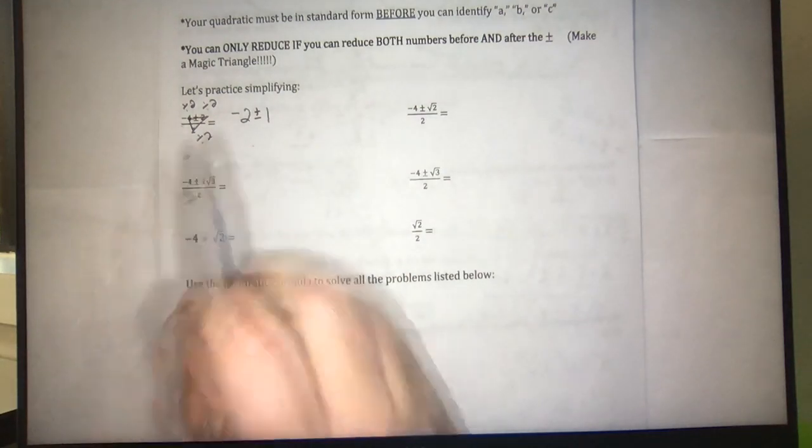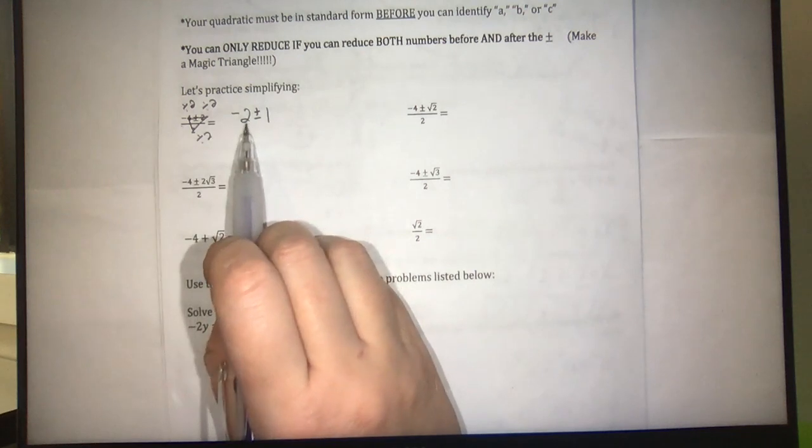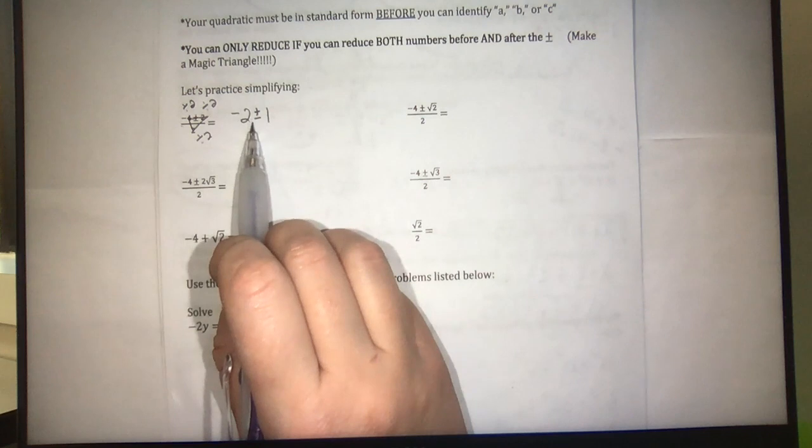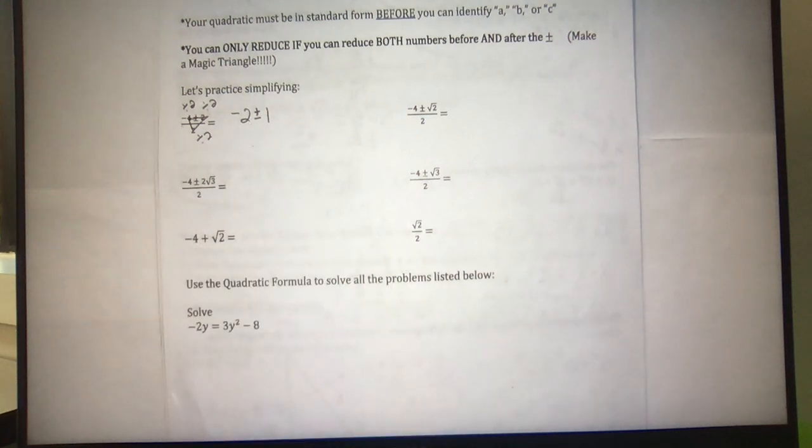All right. Now, here's another hard part for students. They want to circle that and call it a day. Am I done here? No, because I can keep going. The only time you're going to stop at that point is if you have a radical or an i, 2 terms that cannot combine. Here, I can keep going. I've got a -2 plus 1, and I have a -2 minus 1.